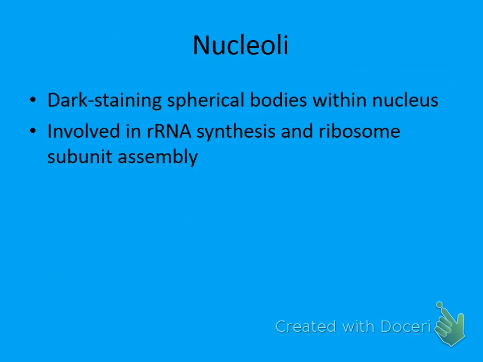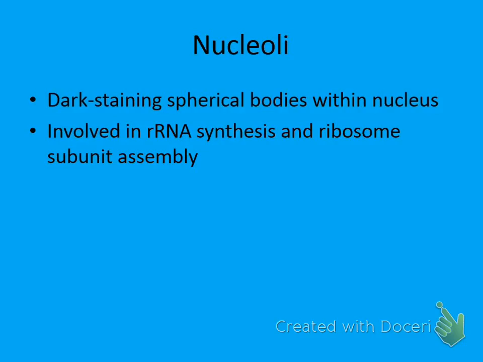This is a round area inside the nucleus, and it has been found to deal with the RNA synthesis. So rRNA is ribosomal RNA, and by doing this, it produces a special RNA from the DNA that we have.